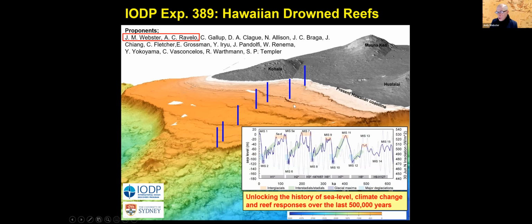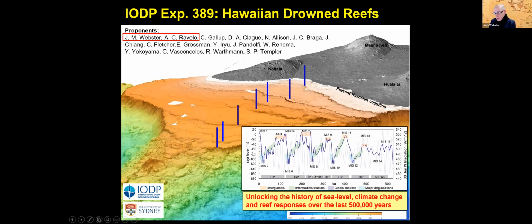In this image, you can see one of these 3D multi-beam images of the flanks, and essentially a series of almost like bathtub rings around the Big Island, as we'll see, as a result of rapid subsidence over hundreds of thousands of years. There's this beautiful sequence of coral reefs that are preserved down to about 1,500 meters, which are the target of our IODP expedition.